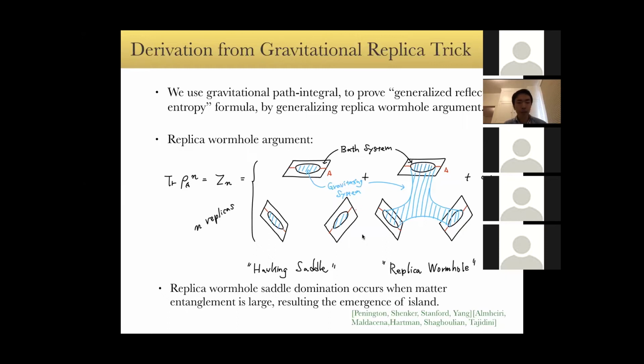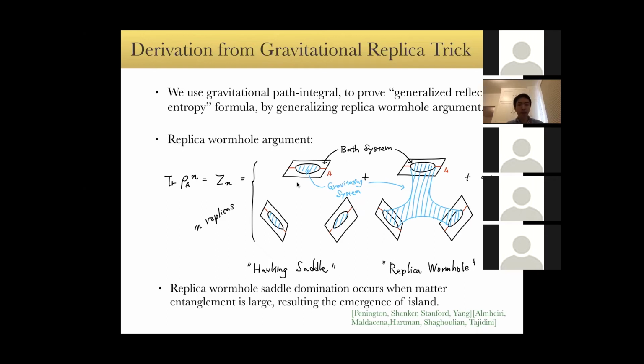They consider the trace of rho A to the n, which is given by the Euclidean path integral. This pale blue region is the gravitating system, this red line is a subregion A in the bath, and this white region is the bath system. And you can compute the entanglement entropy using the replica trick.